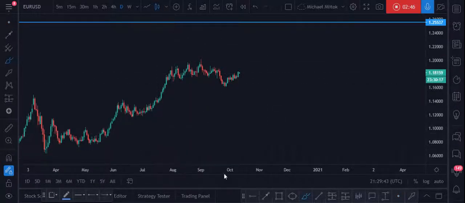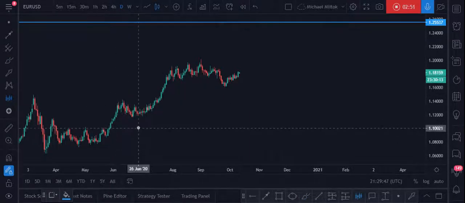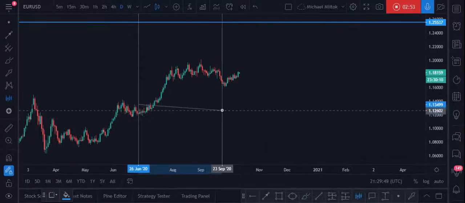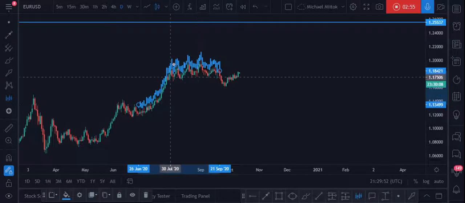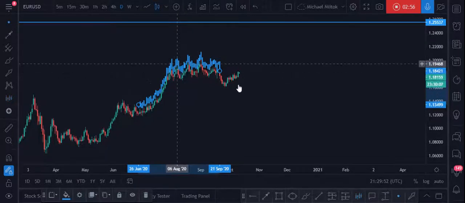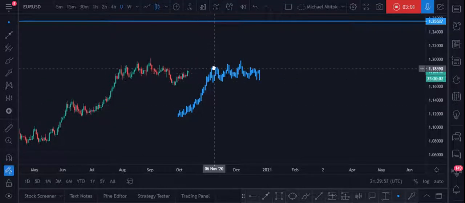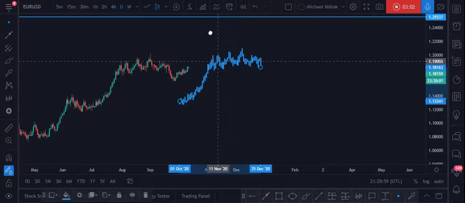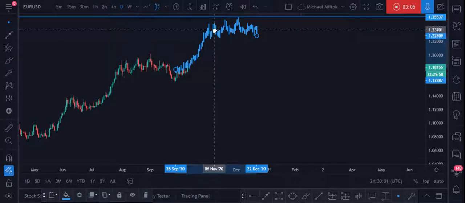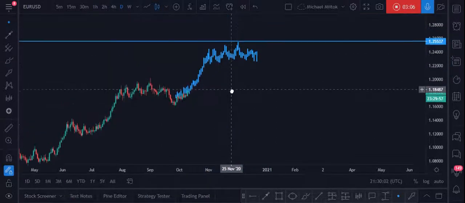Because price from here, let's just take a quick look at this. You can see this price shows us something. What do you see? We can see this type of price action around here that is possible.